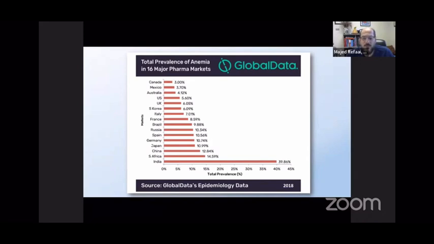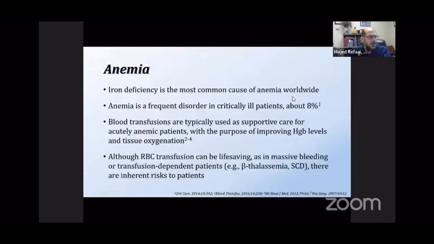This is data from 2018, and you can see the prevalence of anemia worldwide. Luckily, hopefully luckily, iron deficiency anemia is the most common anemia worldwide. Even in ICU patients, the frequency of anemia is almost 8%.